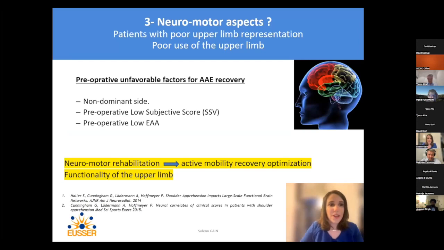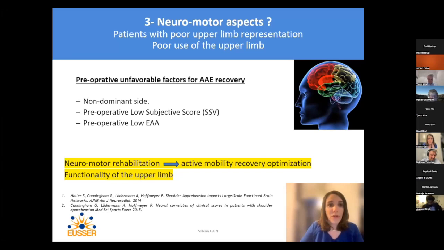In our study, the preoperative unfavorable factors for active anterior elevation recovery were non-dominant side, preoperative low subjective score, and preoperative low active anterior elevation.